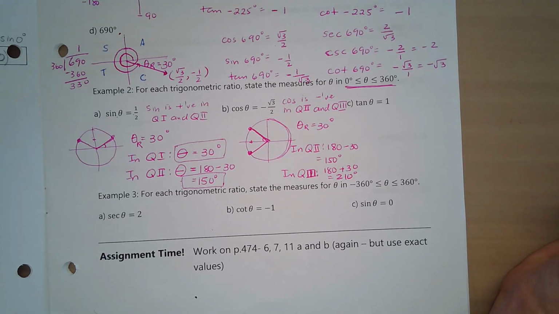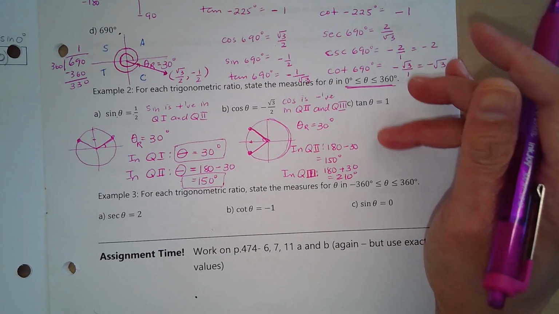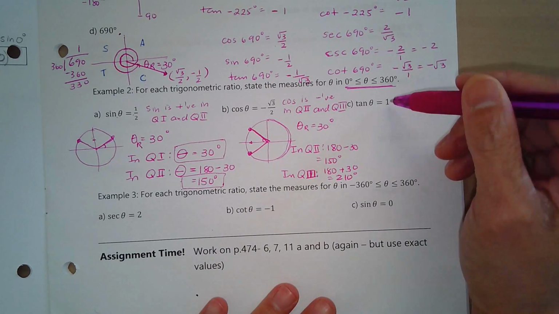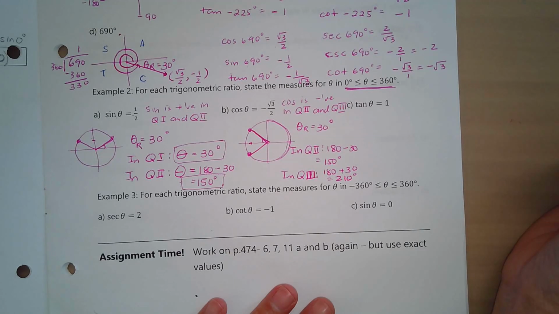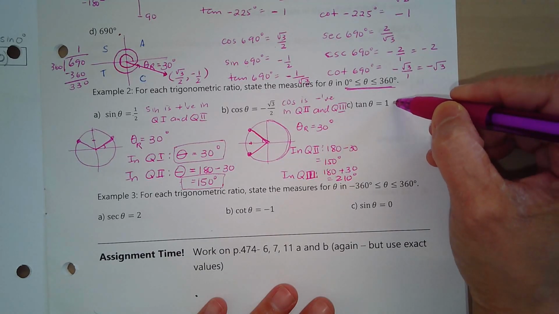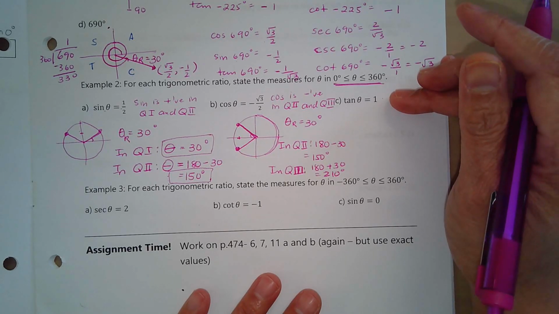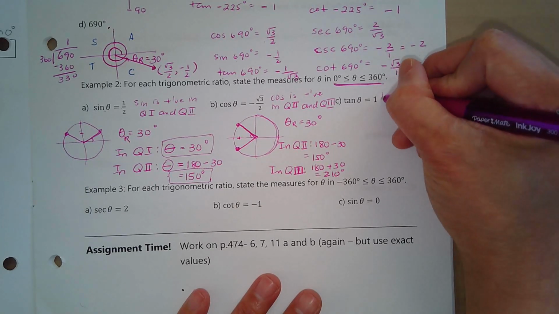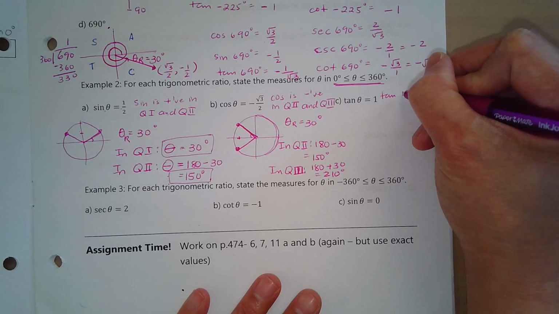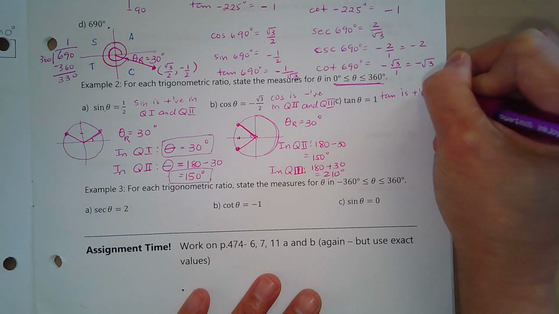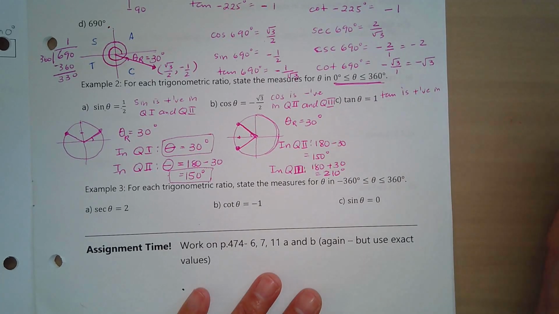Next one. Tan theta equals 1. We have to remember, where is tan positive?